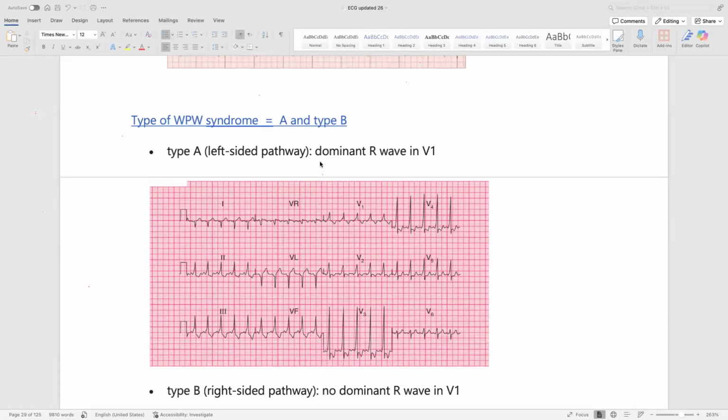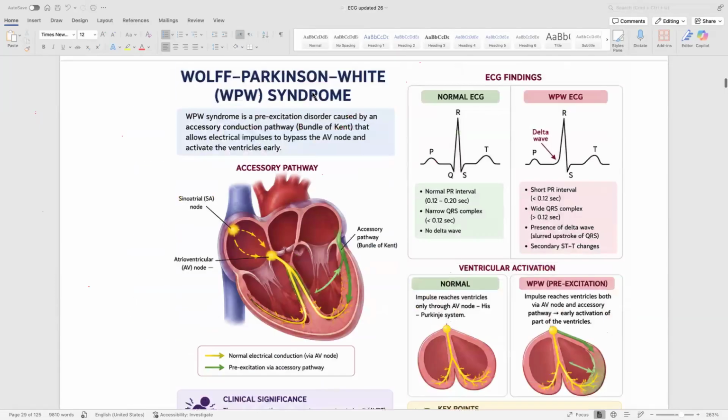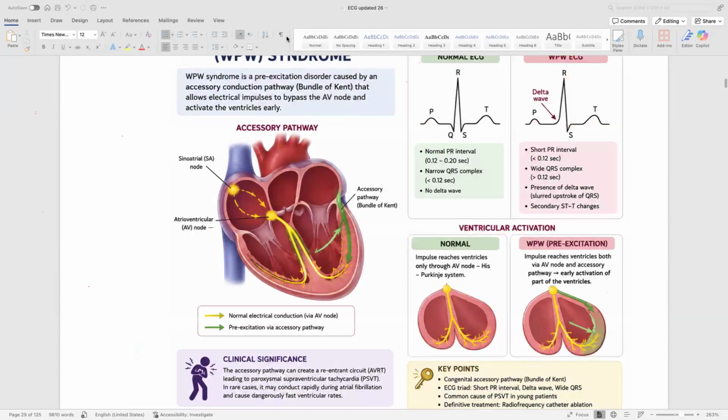Type A is the left pathway, with a dominant R wave in V1. Again, it is a matter of axis. If the electricity is coming this way, actually it's coming this way and going to the right.